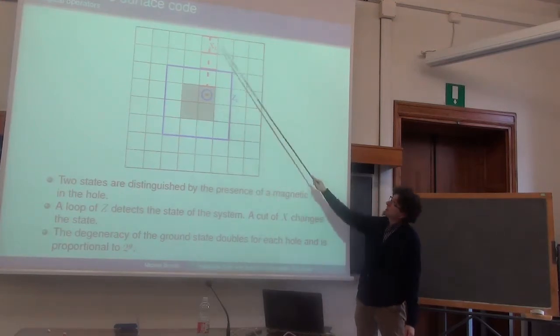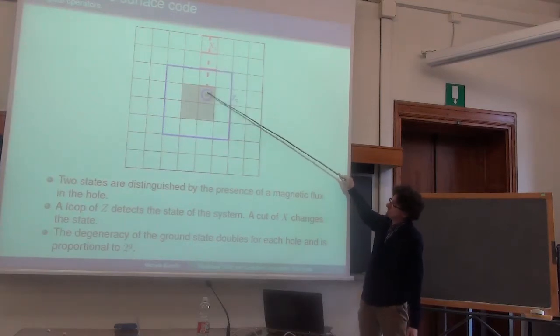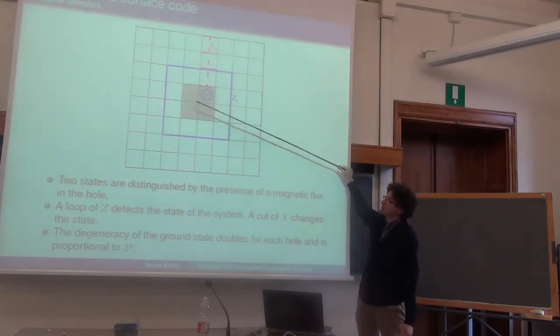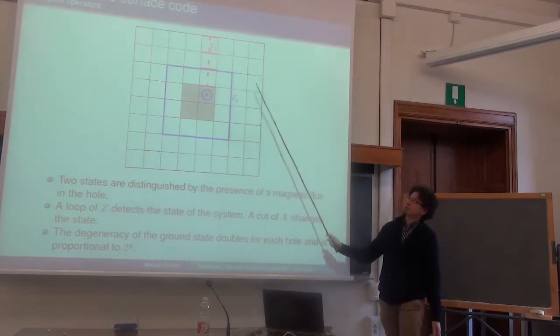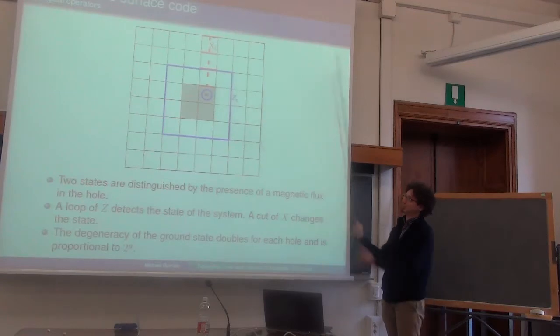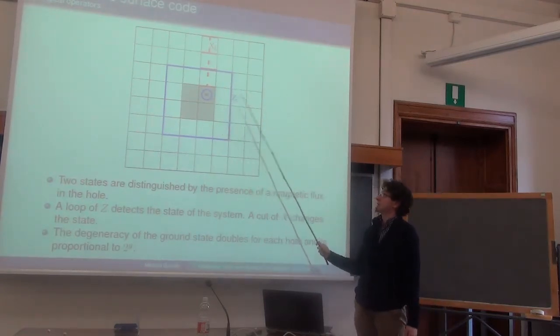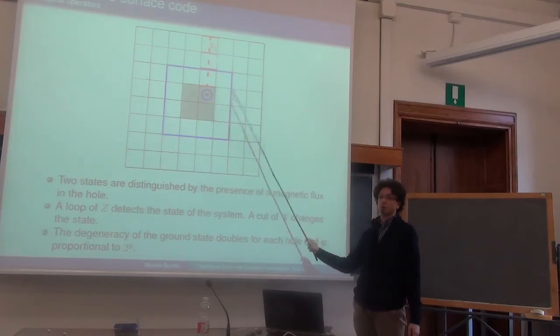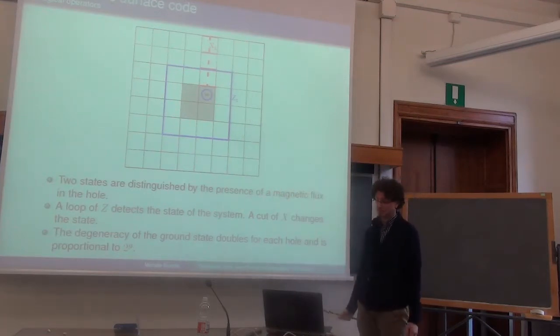And the other non-commuting string symmetry is the one that brings magnetic flux from the outside to the inside of this continuous actually, because it's a dimensional plane with a hole in the middle. So this is true for both the magnetic hole and the electric hole. You just have to exchange the role of the X symmetry and the Z symmetry.